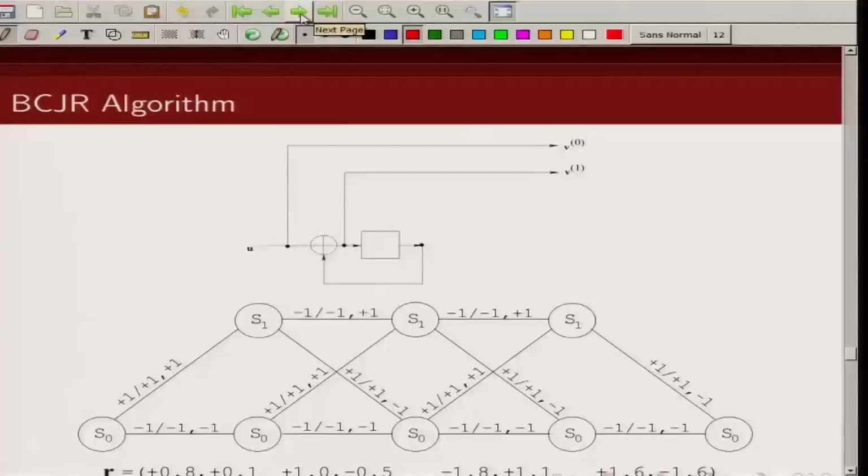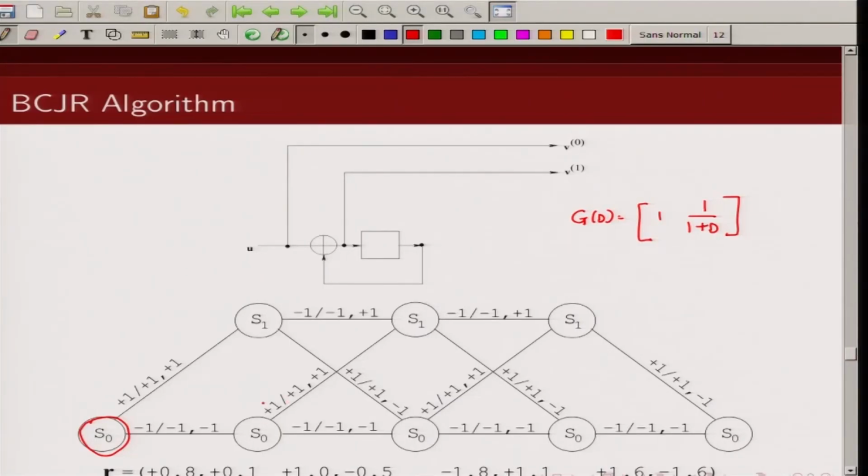So, this is the convolutional encoder that we have considered. This is G of D, the rate 1 by 2 code, and its corresponding trellis diagram is this. For simplicity, I have just considered 4 time instances. Initially I assumed this encoder is in the all 0 state, denoted by S0, and depending on the bit it receives, it moves to either S0 or S1.